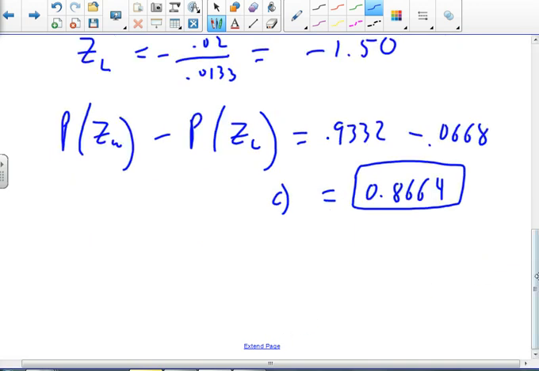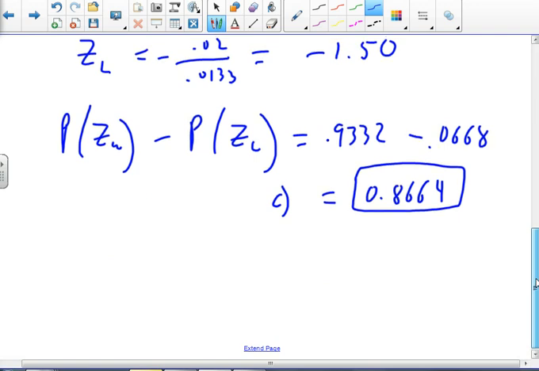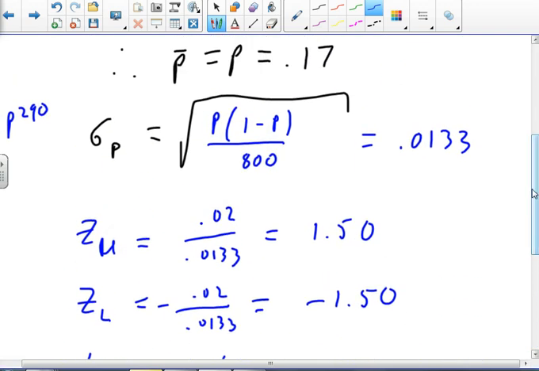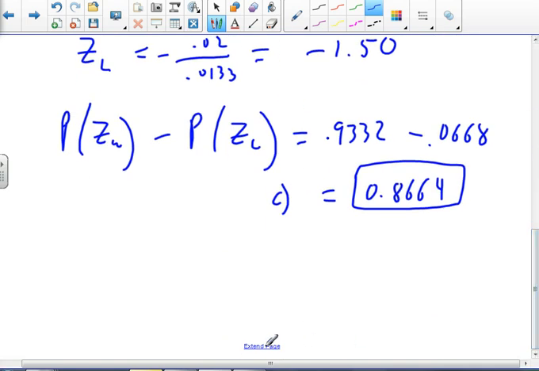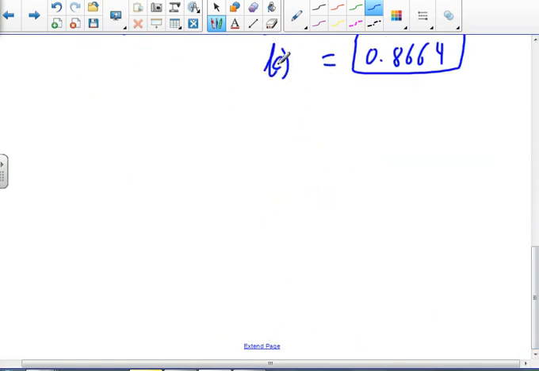Did I go the right way? Okay. C. Do it again with a sample size of 1,600. So I'm going to do it again. This is the B answer, not the C answer.